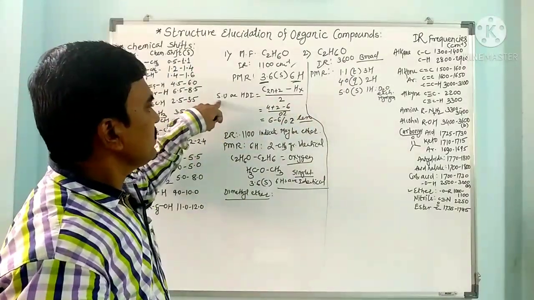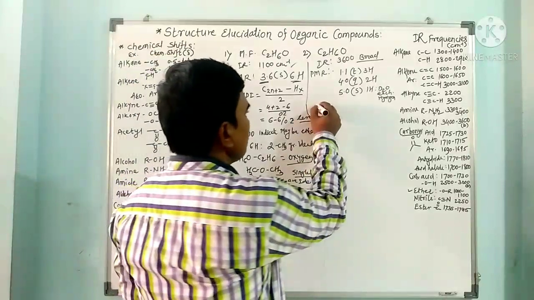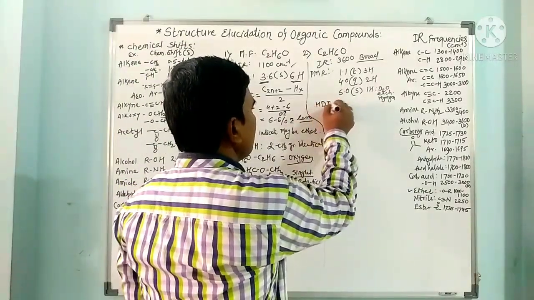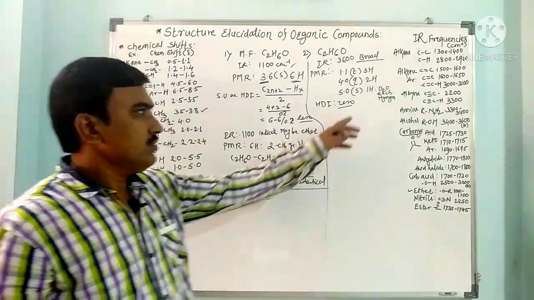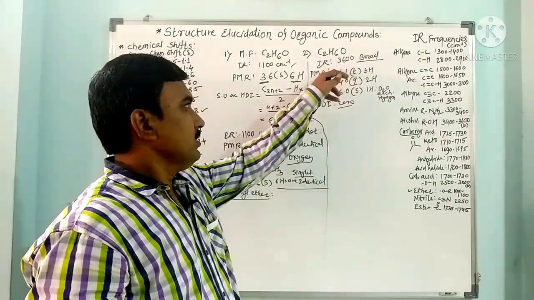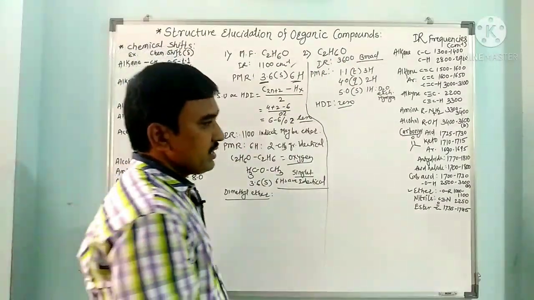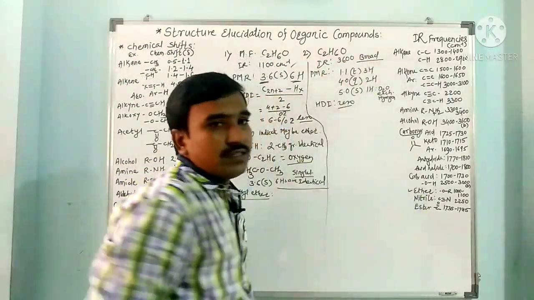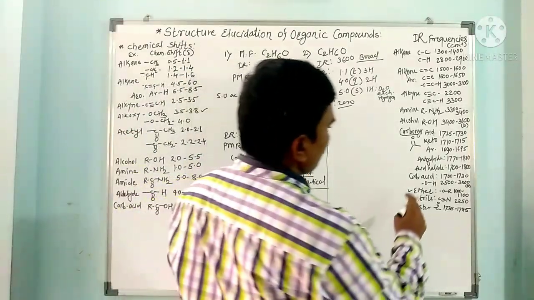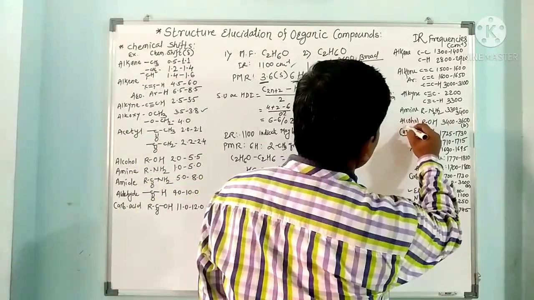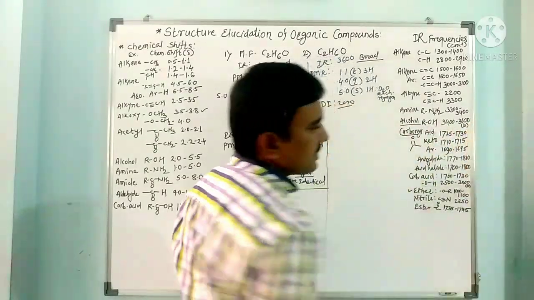The molecular formula was the same, so the hydrogen deficiency index, HDI, is 0. So the compound is saturated. Now we have to see the 3 signals, but from this 3600, 3600 is basically the IR stretching frequency of hydroxy O-H. So if you see the alcohol, it has O-H stretching frequency 3400 to 3600.